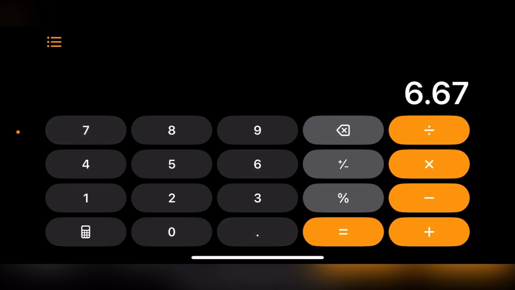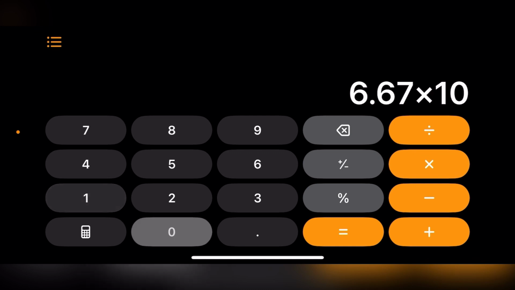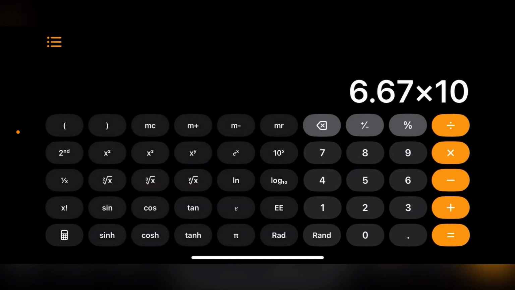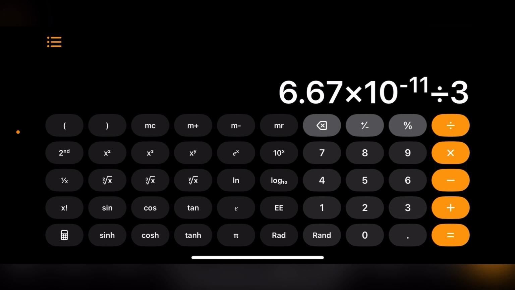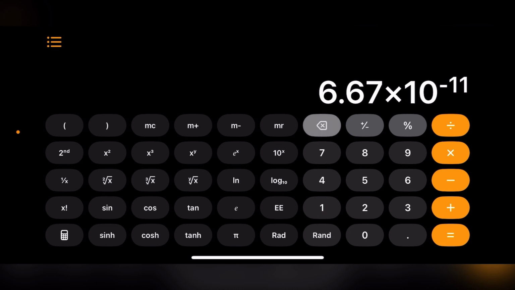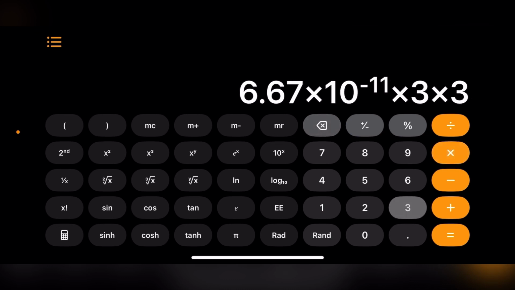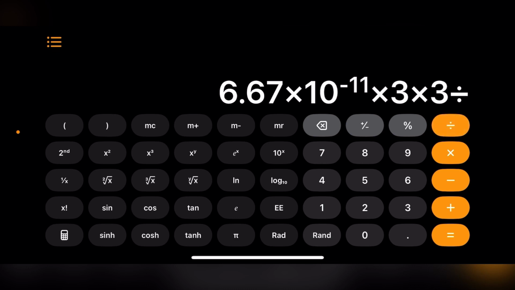Just going to go basic real quick, see if this works. 6.67, I'm going to do the constant, times 10 to the negative 11, divided by 3, times 3 times 3, because there are two 3 kilogram objects, and divided by 4, because they're 2 meters away, but it's squared, so it's divided by 4.